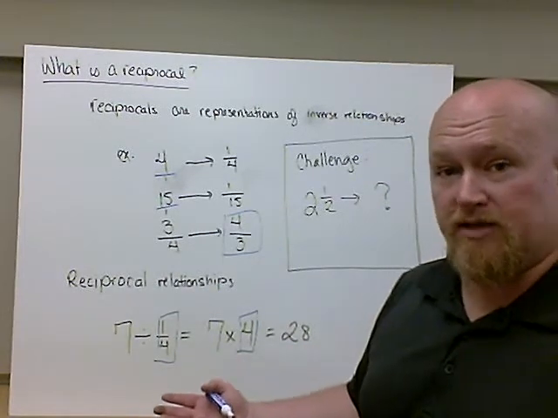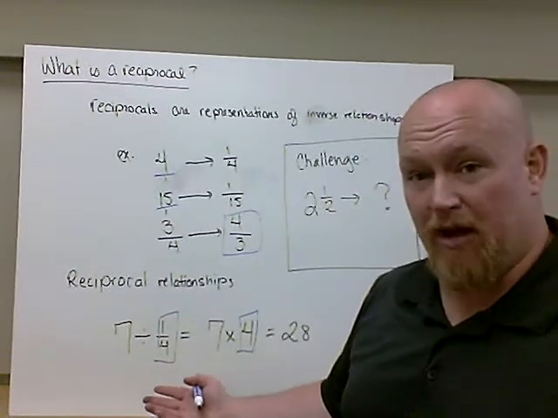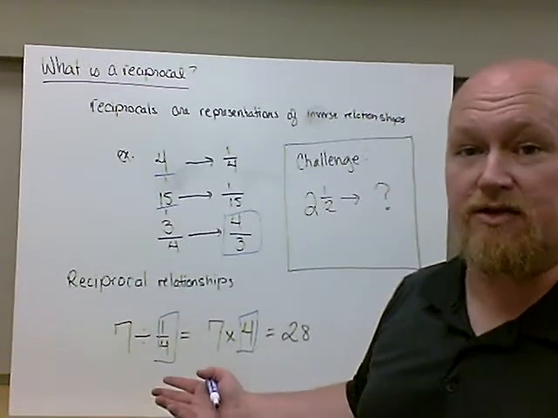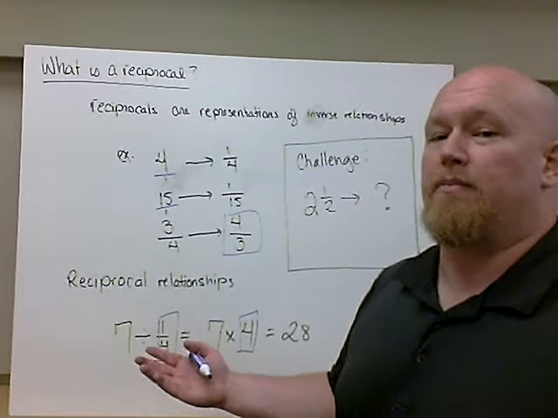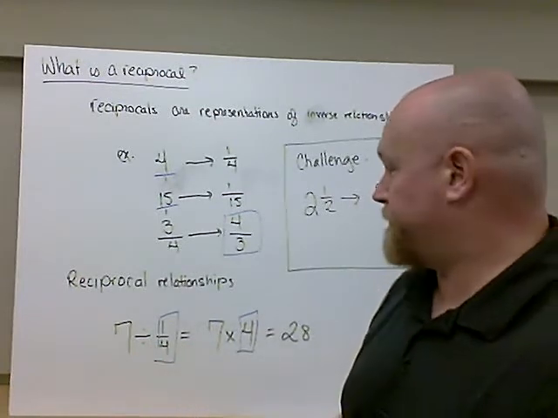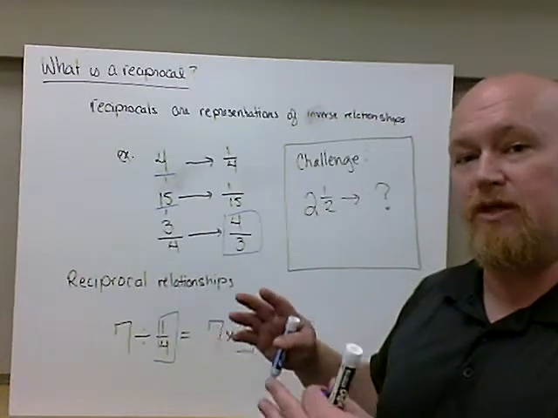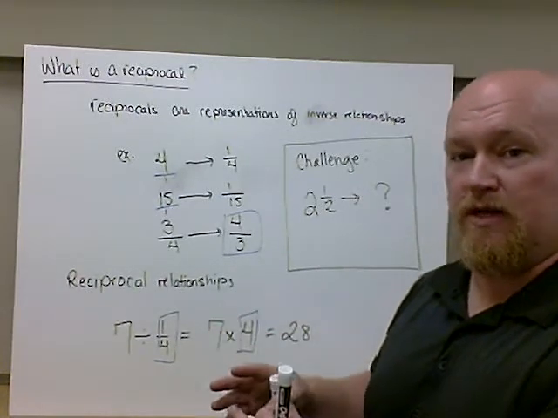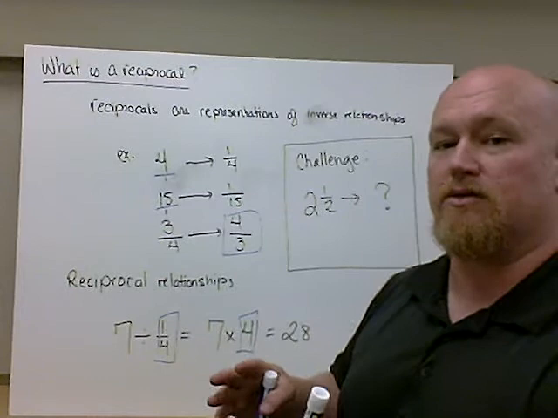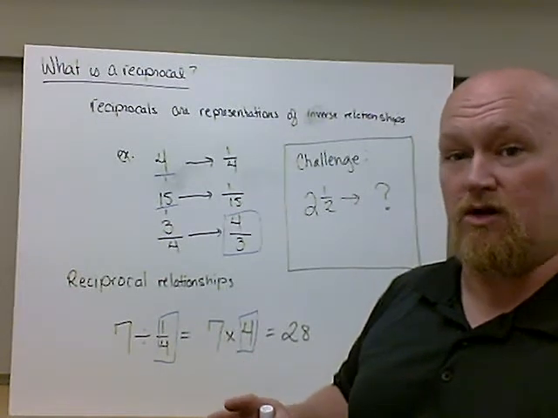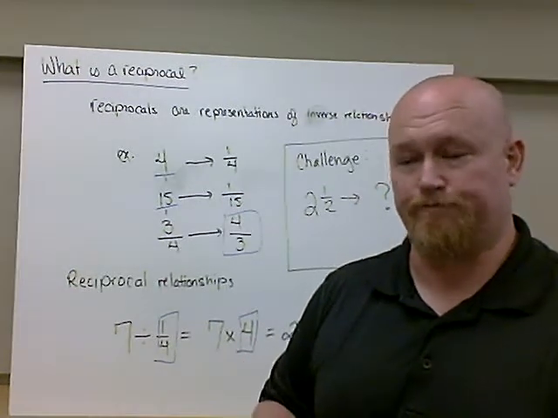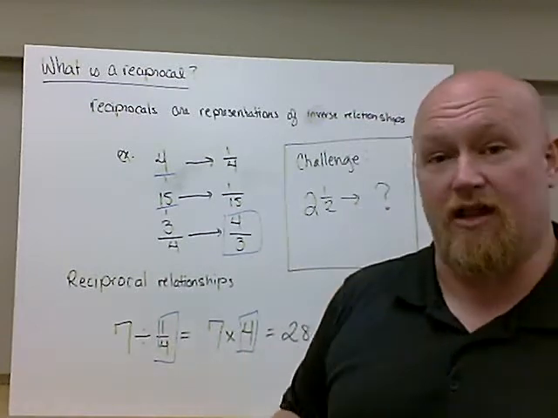We could pause here and model what 7 divided by 1/4 is using the modeling from the last video, but I'm pretty sure you're going to take my word for it. So we're going to look at the problems we used in the first video to model, and now use the standard algorithm and reciprocals to solve, just to show you how easy it is. Oh, I've got a challenge too at the end.